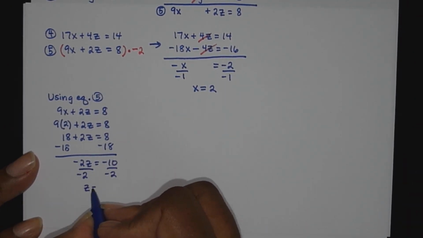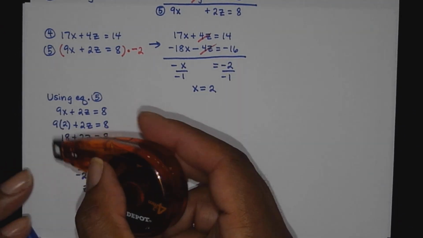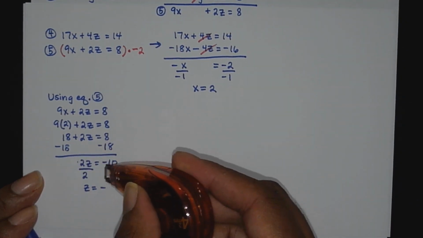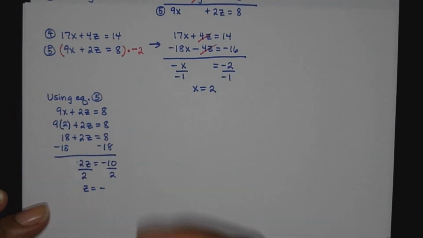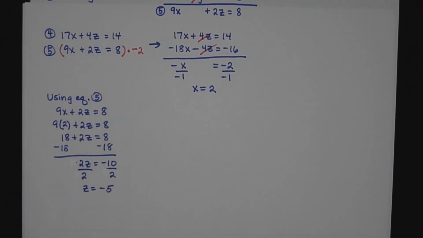That means z is equal to negative 5. So z is negative 5 and x is 2.